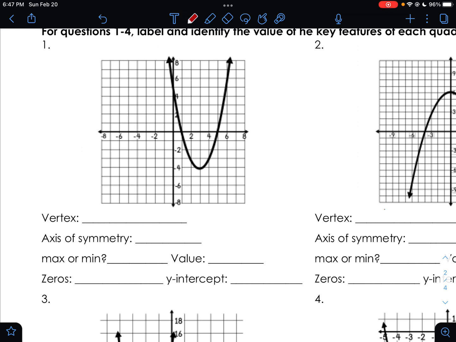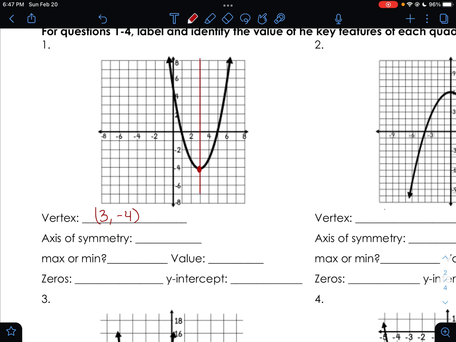The vertex is right here. This is (3, -4). Remember, our x values go first, our y values go second. (3, -4), which means my axis of symmetry is a vertical line that cuts that parabola in half. I have it drawn right here.